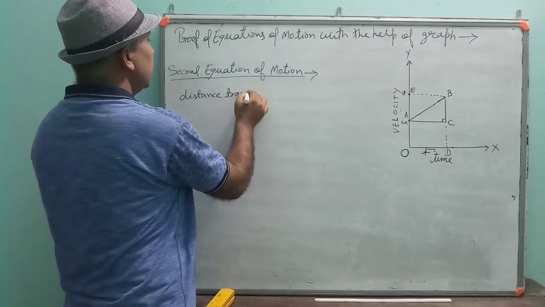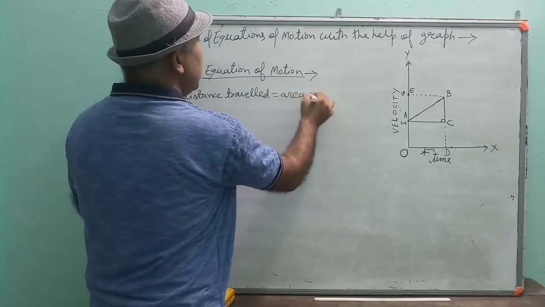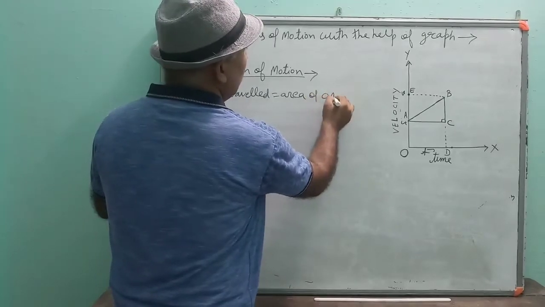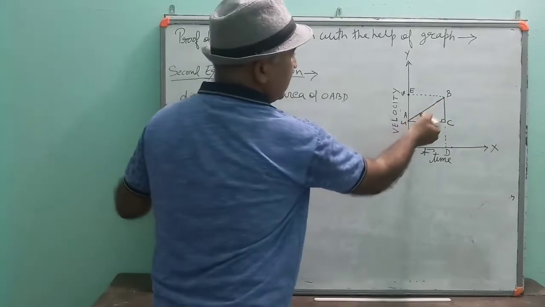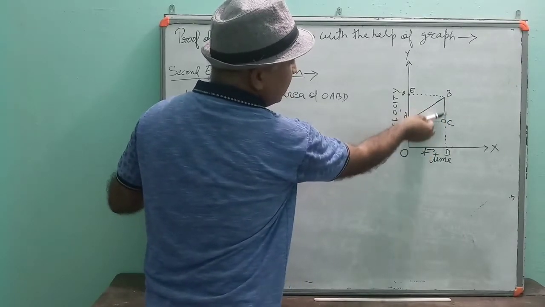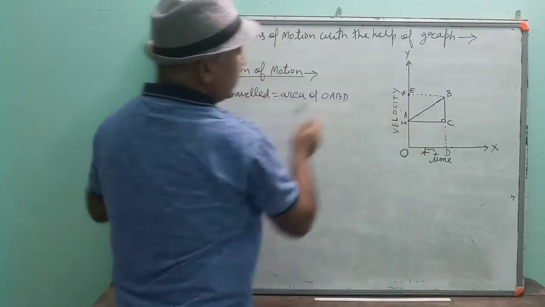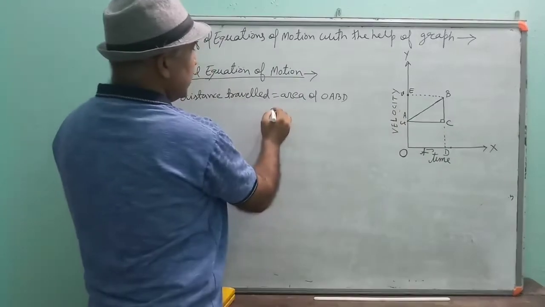That means here distance traveled will be the area of OABD, because AB is the graph, and from the graph and between the time axis, that area is called the distance. So area of OABD.